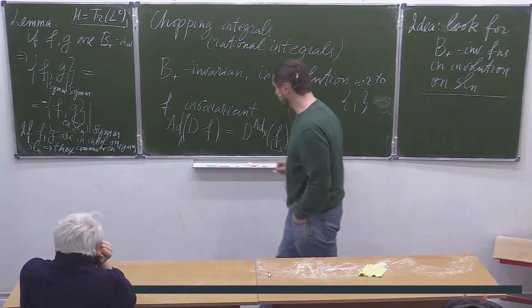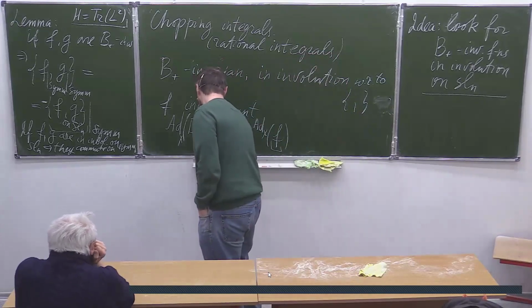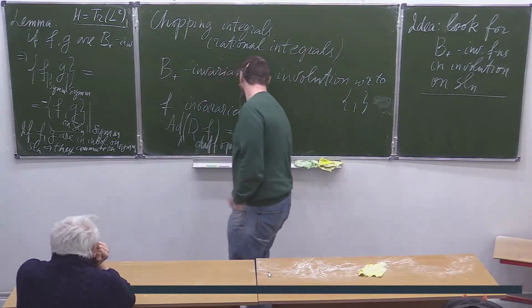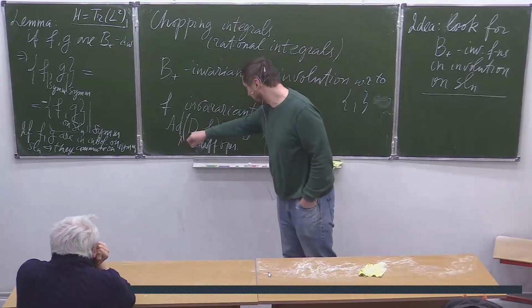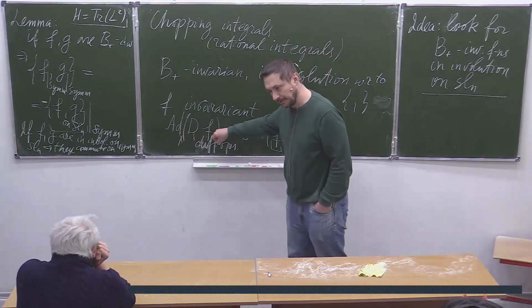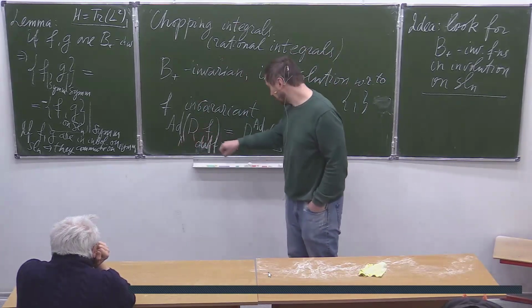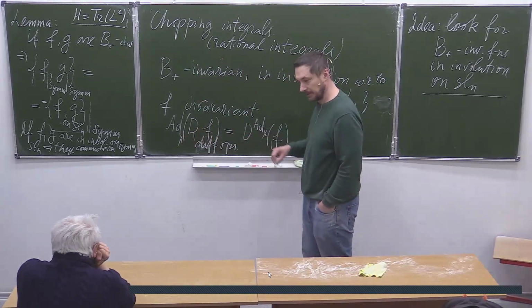D is a differential operator, just any differential operator. So when we apply the adjoint action to the value of D on F, then we have this formula. This is obvious, of course.